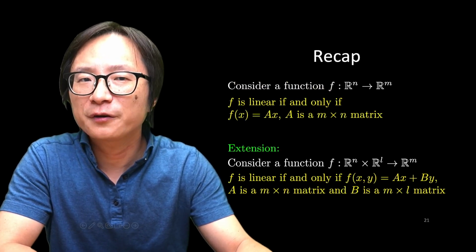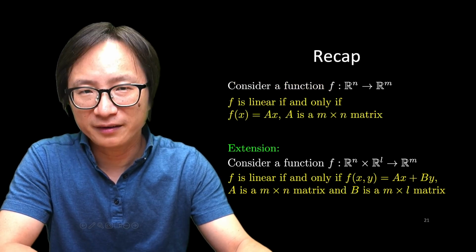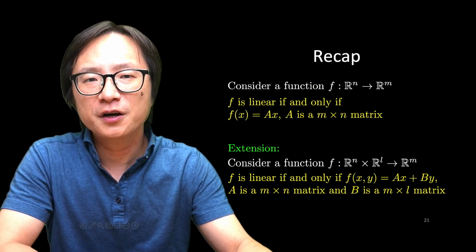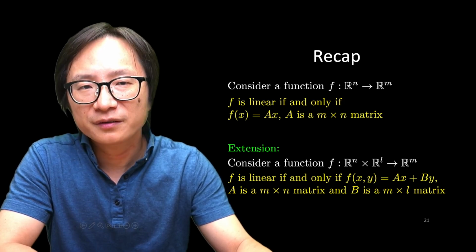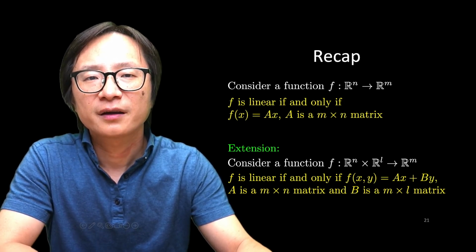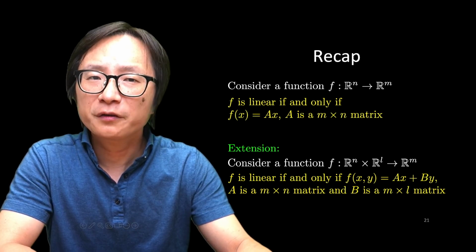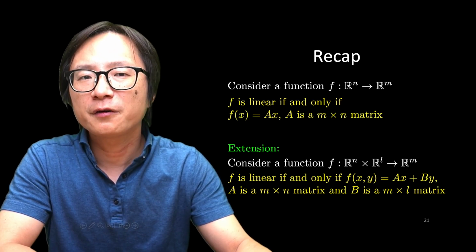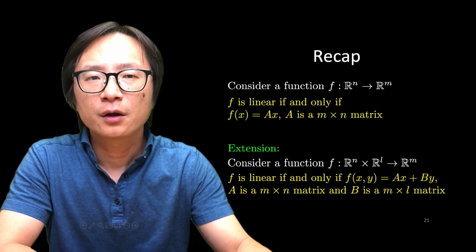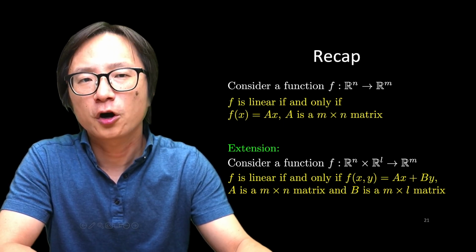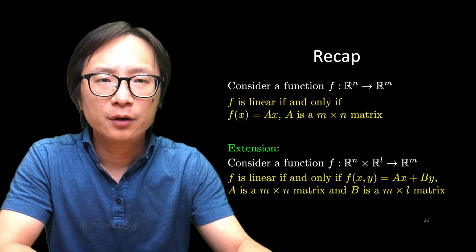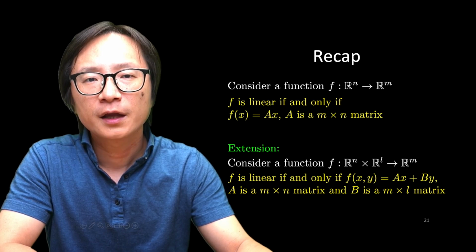So we have established this basic fact that a necessary and sufficient condition for a function f to be linear is that it can be written in the form of a matrix times a vector. We will also need the extension of this fact to multiple arguments, namely for a function f from R^n cross R^l, this is the Cartesian product of R^n and R^l, to R^m with two vector arguments.